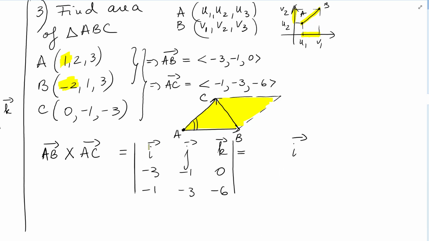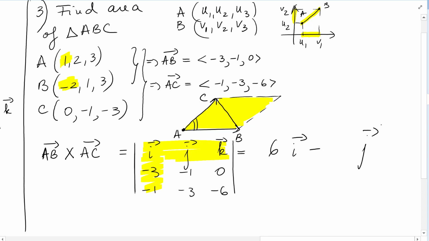If we cross out this row and column, we end up with -1 times -6, that's 6i, because the other diagonal is 0.